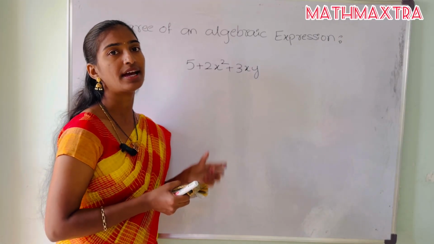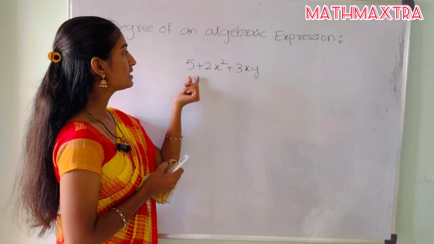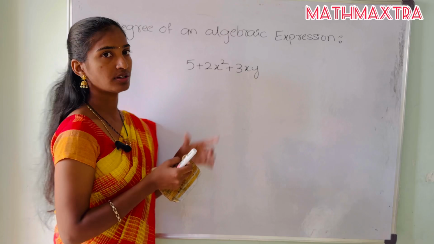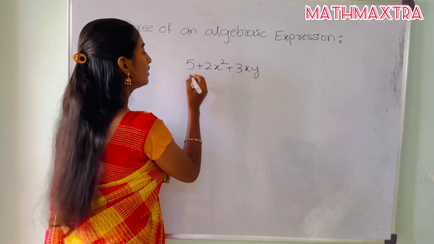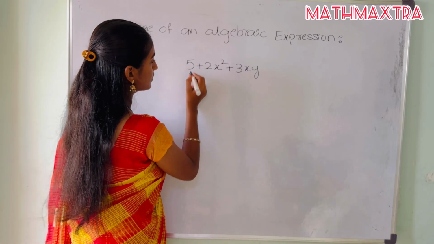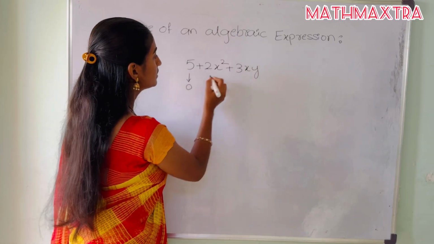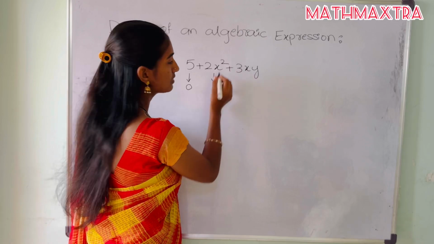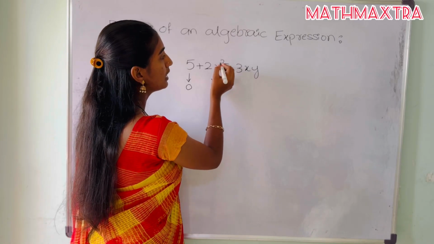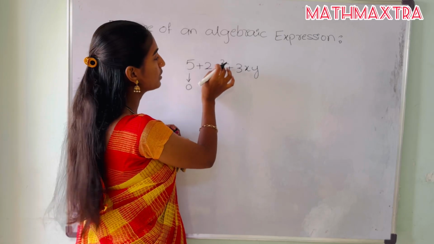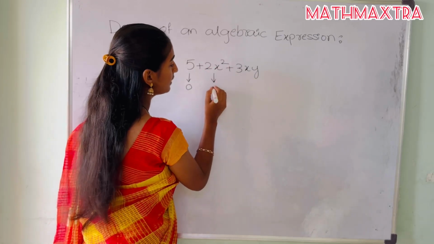It is defined as the highest degree of all the terms of the expression. So you first write the degree of individual terms. What is the degree of any constant? It is 0, right? What is the degree of this 2x square? The sum of all the exponents of the variables in this term. It is simply 2.